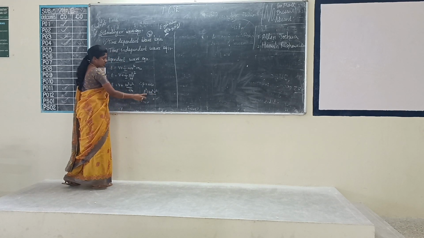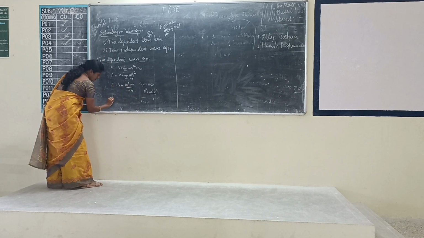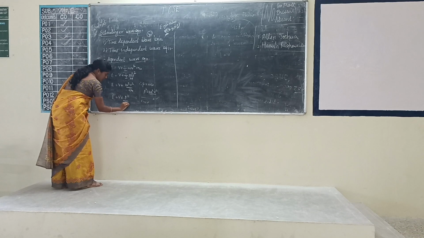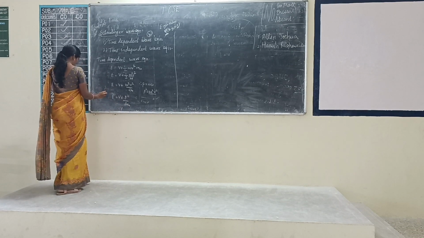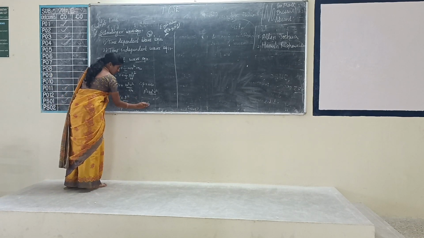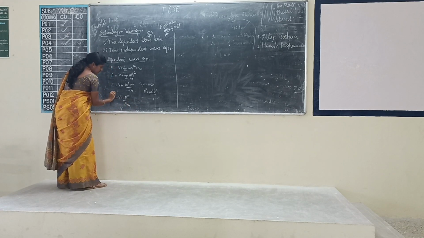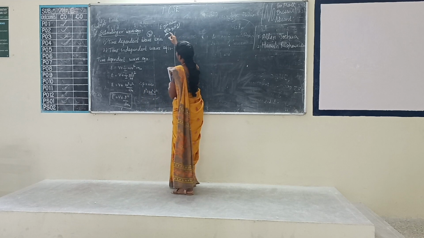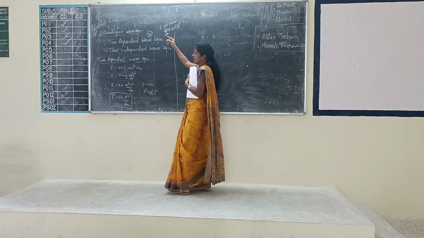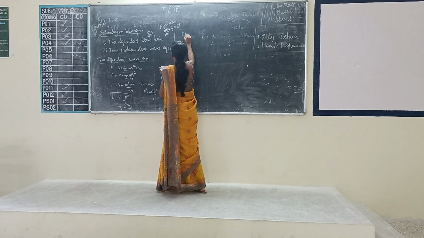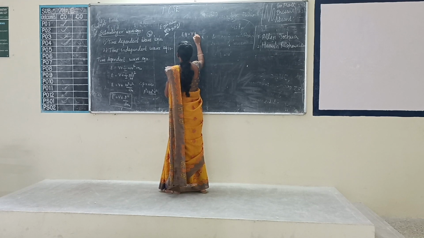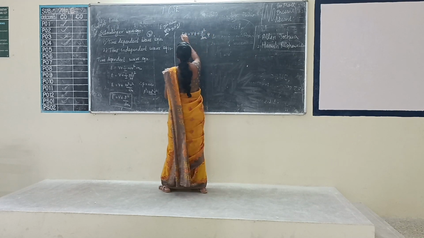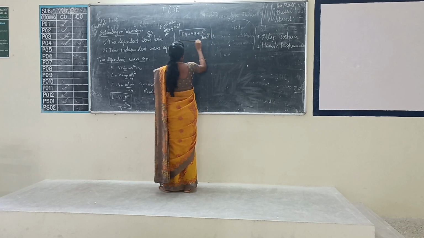Instead of m square v square we are substituting p square divided by 2m. So write this equation in terms of wave function: E psi is equal to V psi plus p square divided by 2m of psi. This is equation number 1.